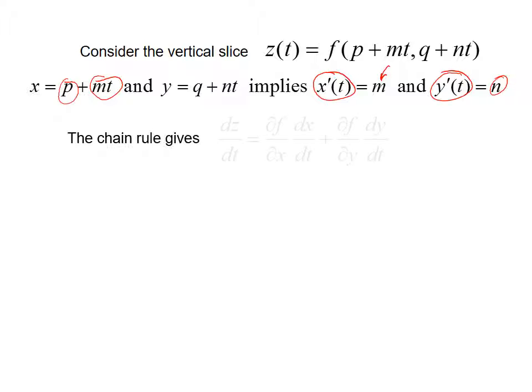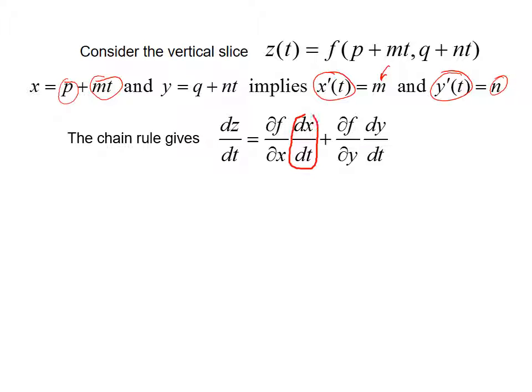Now, we're going to do the chain rule for dz dt. That would be the derivative of f with respect to x, dx dt. Well, dx dt is m. dy dt is n. So we'll replace those.